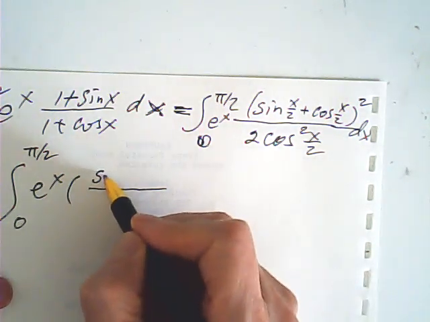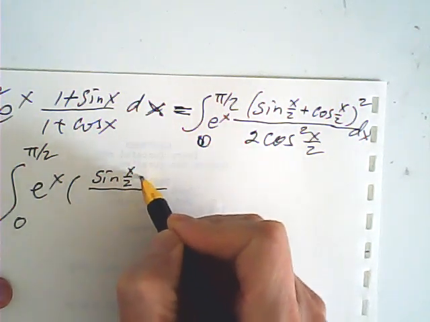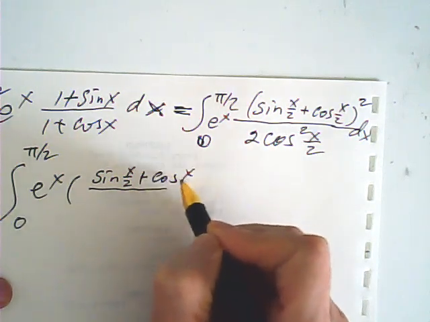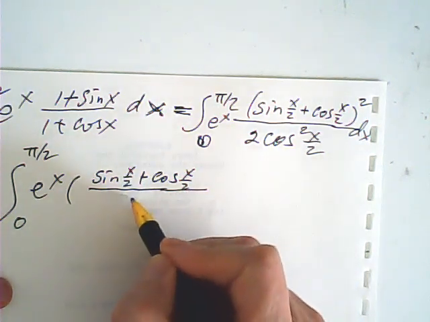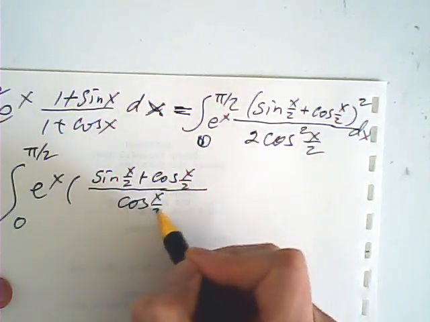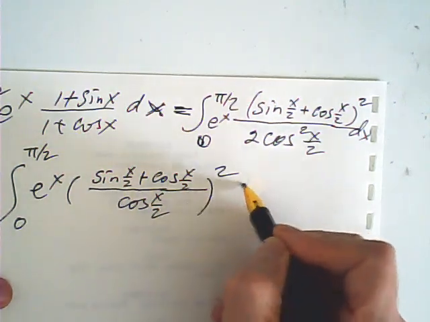This is sine half x plus cosine half x over cosine half x, squared.